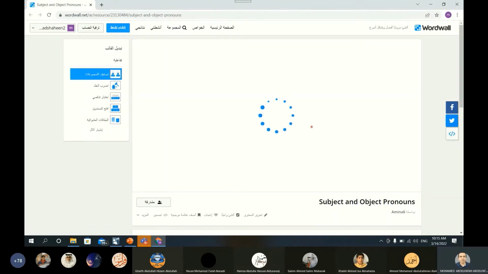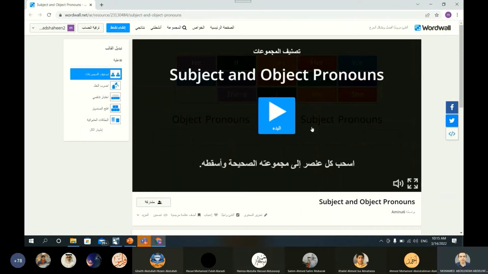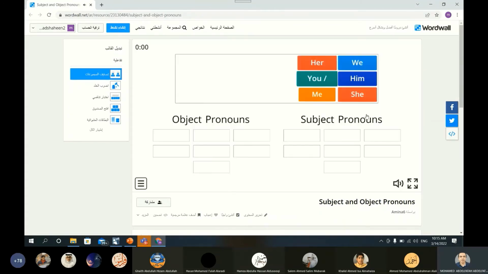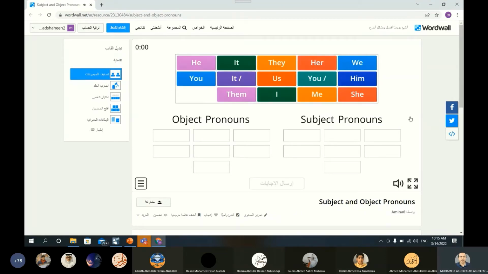Well, students, get ready because we are going to have another exercise about the subject and object pronouns. Here, you can see all pronouns, subject and object, in one place, and you have to classify them into object pronouns or subject pronouns.